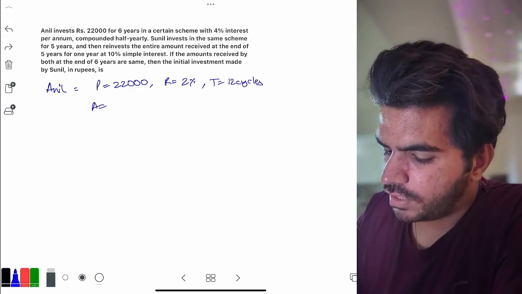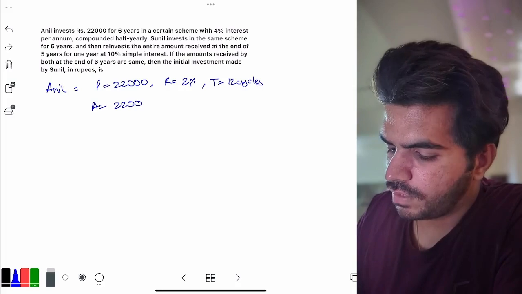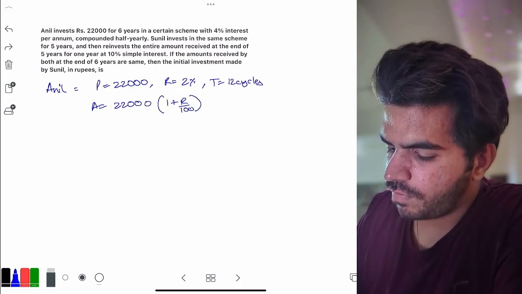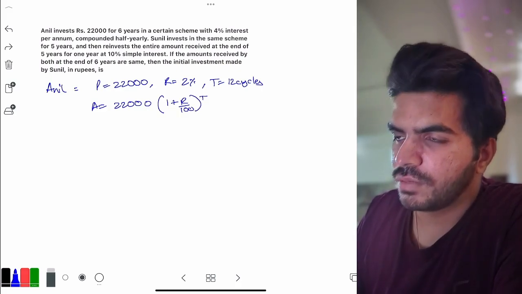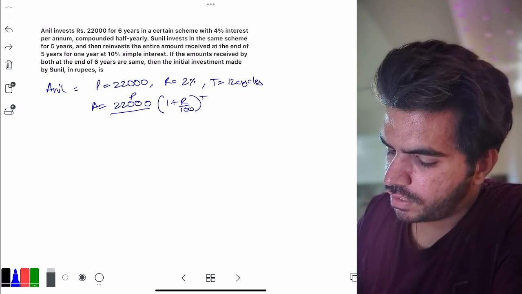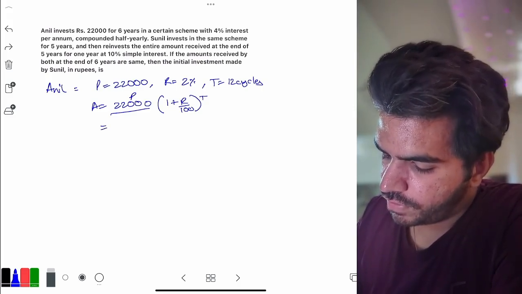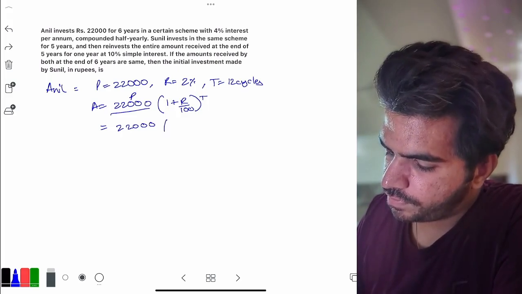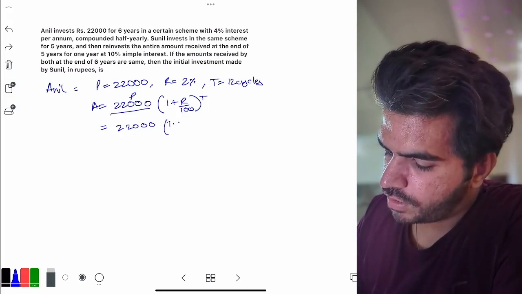So the amount at the end will be 22,000 into 1 plus r upon 100 to the power n. Now solving for it, 22,000 into 1.02 to the power 12.